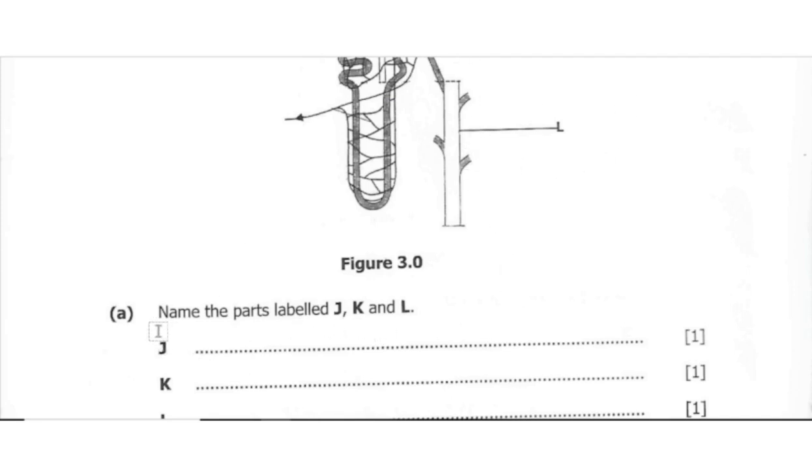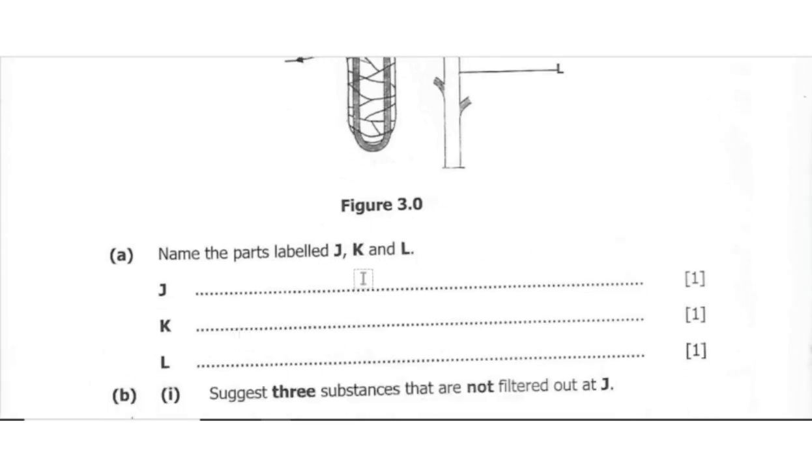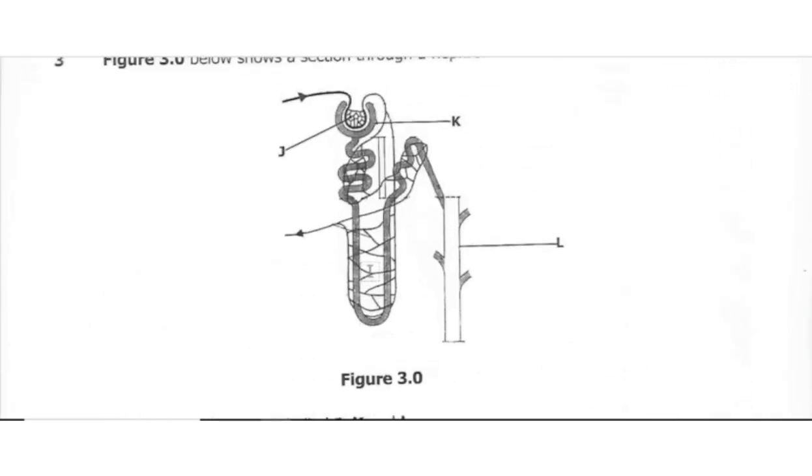So question 3A is: name the parts labeled J, K, and L. Okay, so the part labeled J, we go to the diagram and look at J. It's here, and this is the part we are supposed to name.